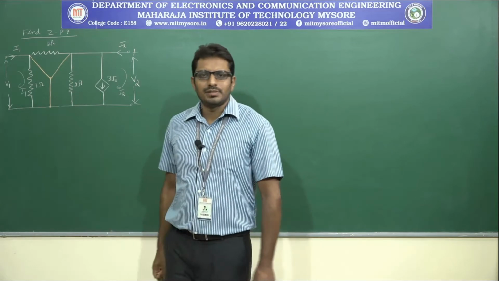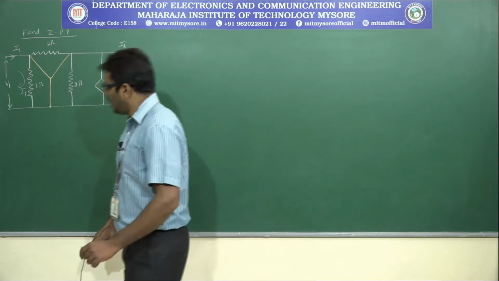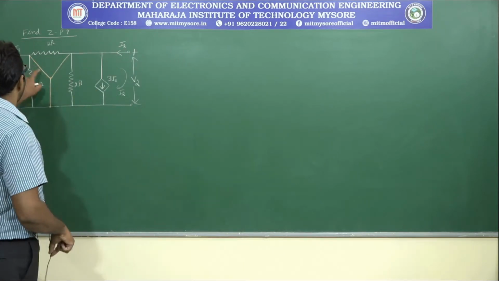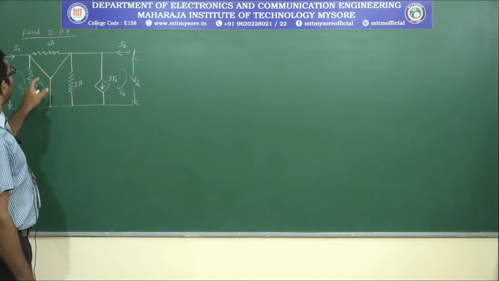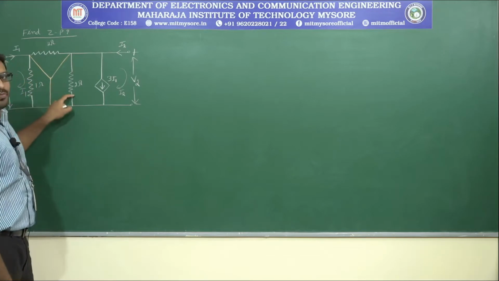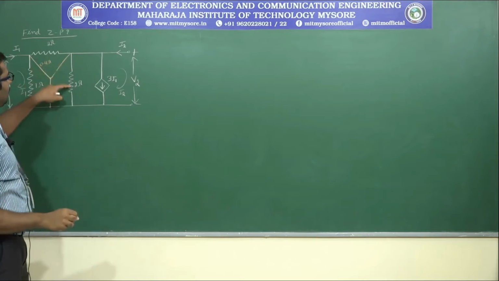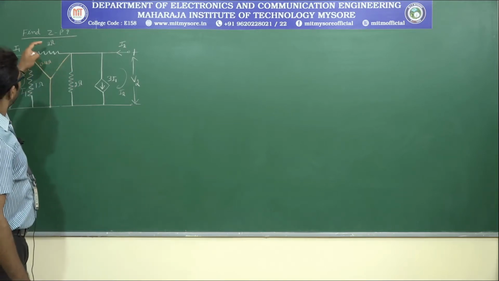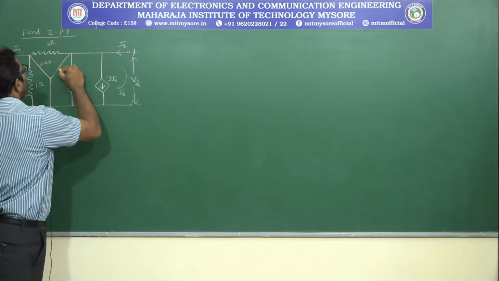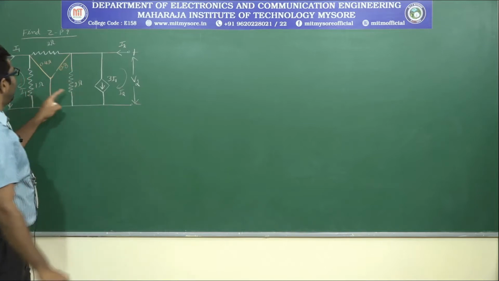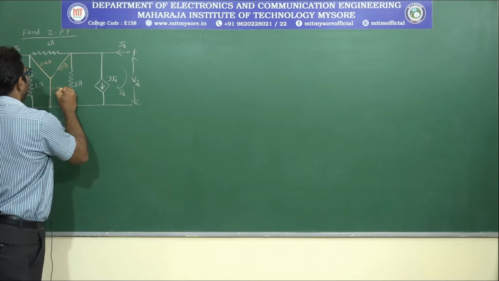We already discussed the formulas and problems. First, 1 into 2 divided by 2 plus 1 plus 2 gives 0.4 ohm. Similarly, 2 into 2, 4 divided by 5, gives 0.8. And 1 into 2, 2 divided by 5, gives 0.4 ohm.